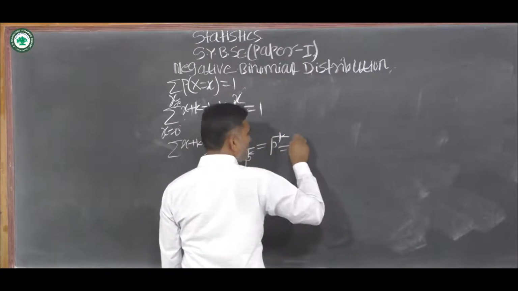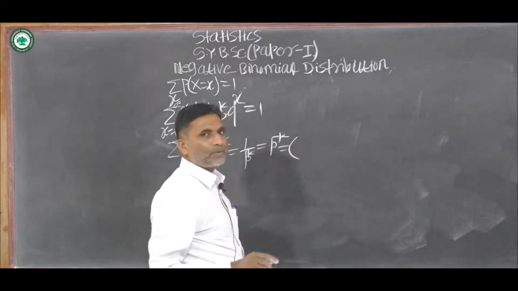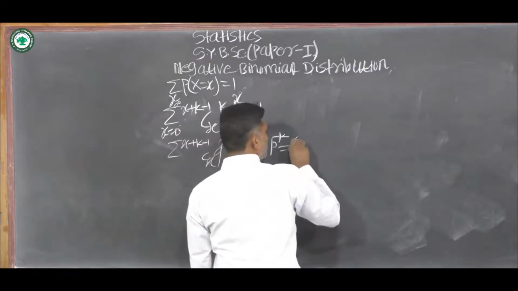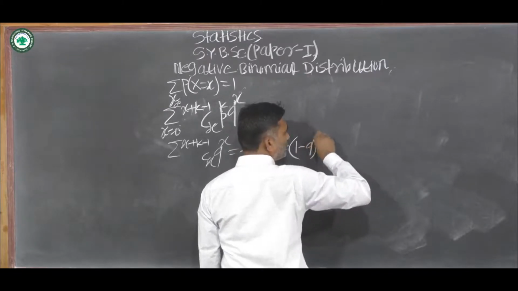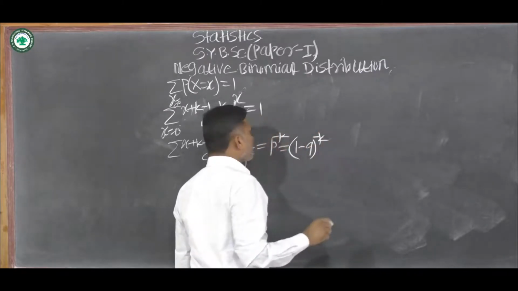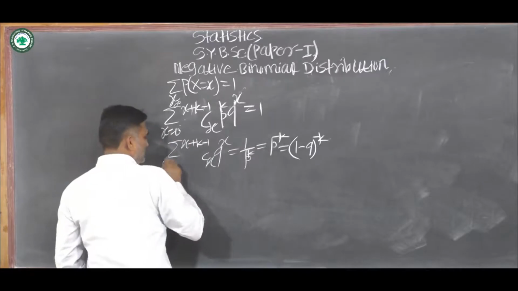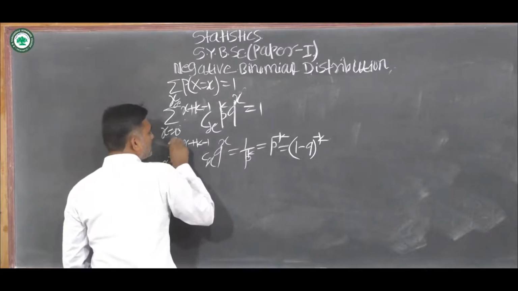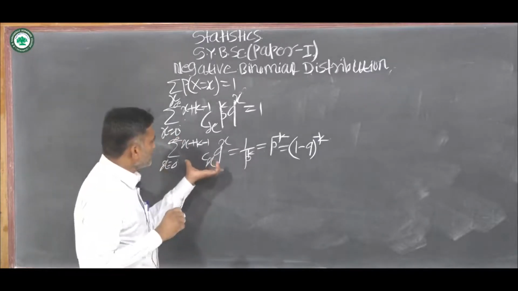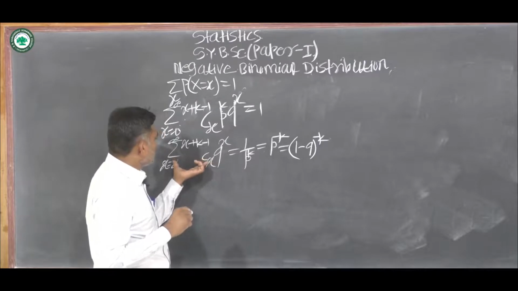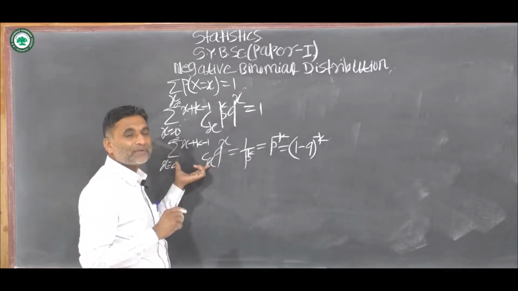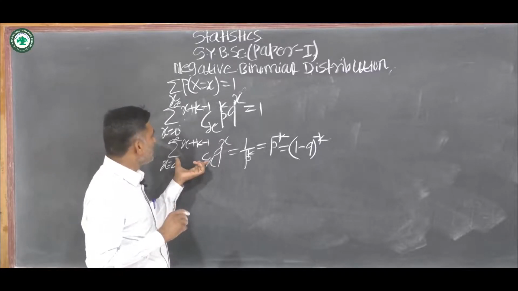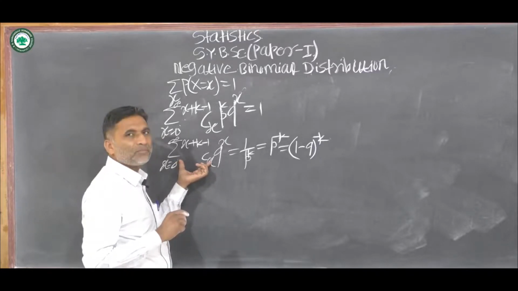Again we know that p is equal to 1 minus q, so 1 minus q, in bracket, raised to minus k. Now this is summation over x running from 0 to infinity. The left hand side of this equation is absolutely convergent, therefore step by step partial differentiation is possible.